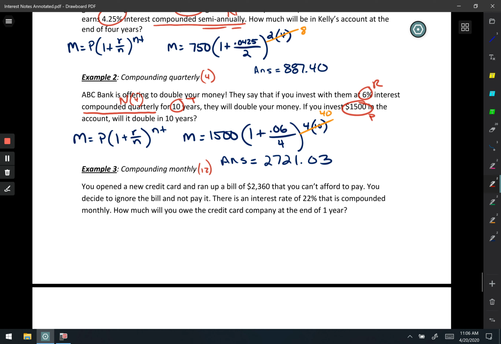Let's identify. We have our P. We have our R. Compounded monthly, that is our N, which is going to be 12. And our T, 1 year. So go back to the formula.